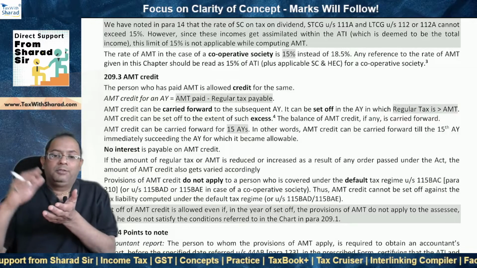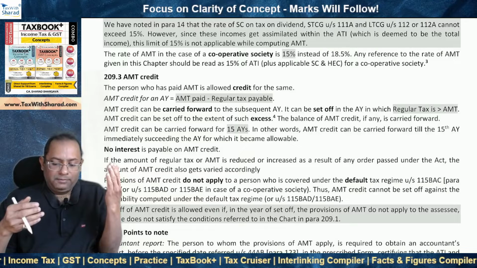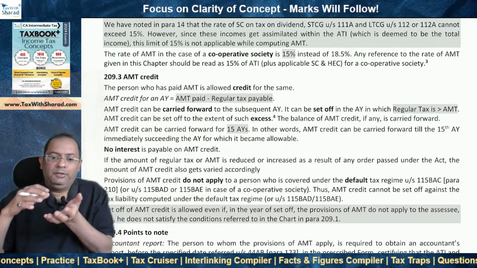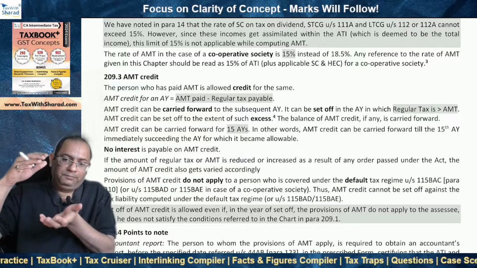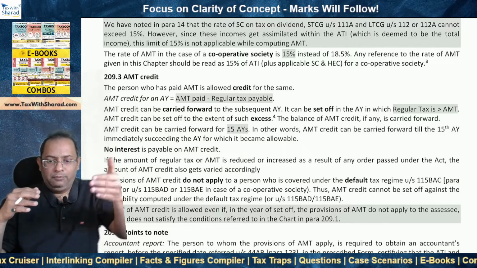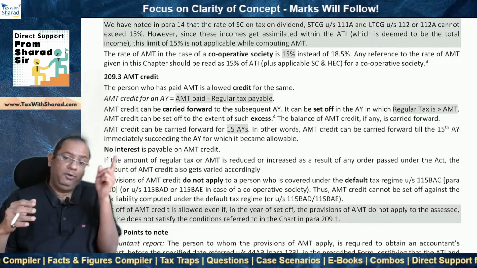So when the regular tax is more than AMT, obviously you won't pay AMT, you will pay the regular tax. And to the extent by which regular tax is more than the AMT, you can set off the AMT credit which you have brought forward from the year when you paid AMT.